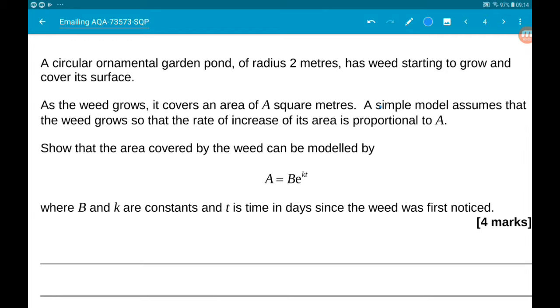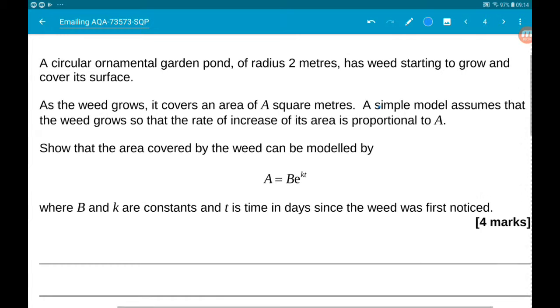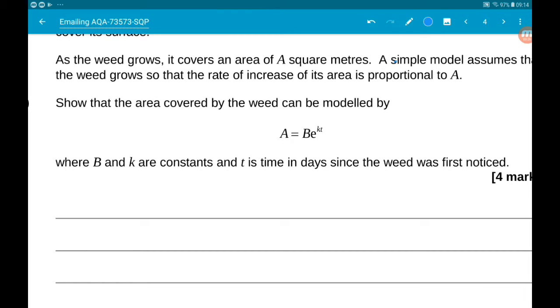Okay, so the key to being able to do this is that we are told the rate at which the area increases is proportional to A. So the rate at which A increases is dA by dt. That is the rate of change of A over time.